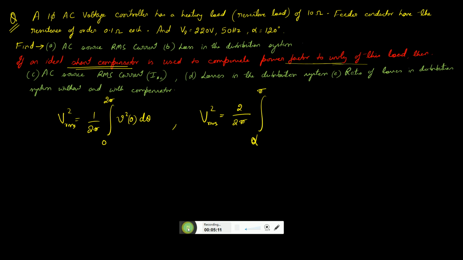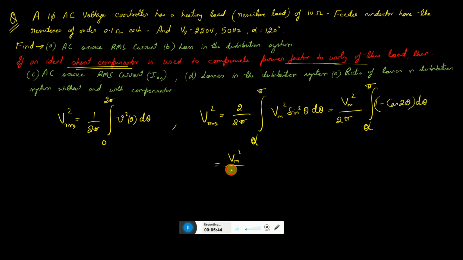Here, from alpha to pi, V square will be Vm square sine square theta d theta. That is nothing but Vm square by pi, with sine square theta being 1 minus cos 2 theta divided by 2. Take this 2 out, from alpha to pi, d theta. So this gives Vm square by 2 pi.